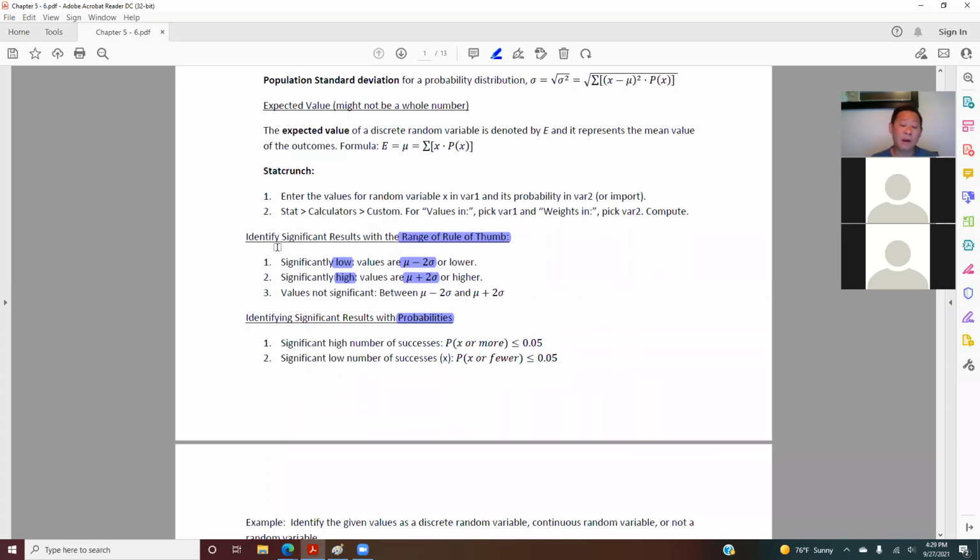Another way to figure out significantly high and low is using probability. This is something new that you will learn in chapter 5.1, and we also use it in 5.2. When we talk about significantly high, if you want to figure out whether 6, or a number X, is a significantly high number of successes, you need to find the probability of that number or more.